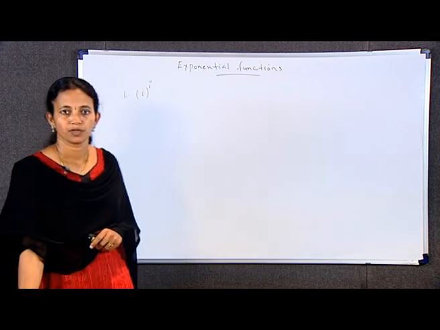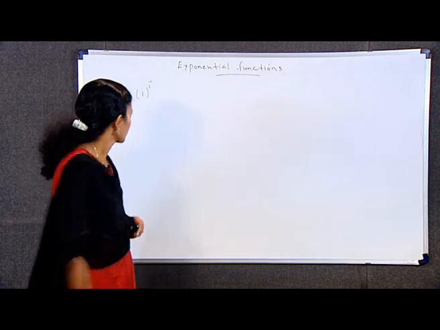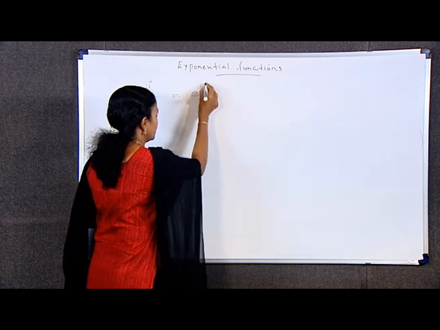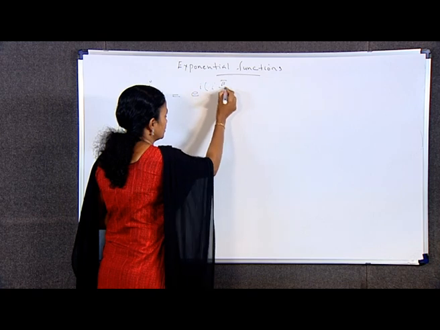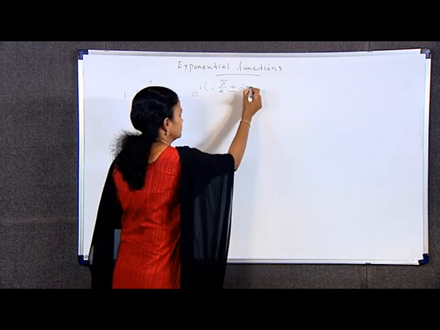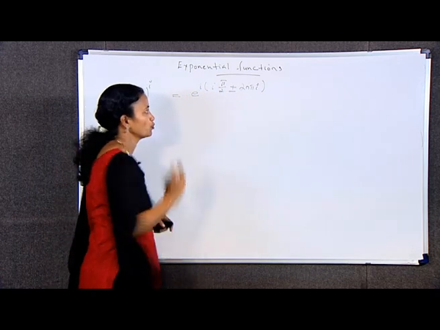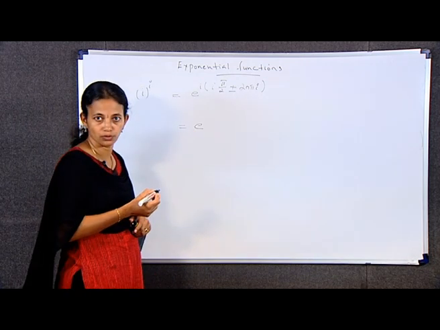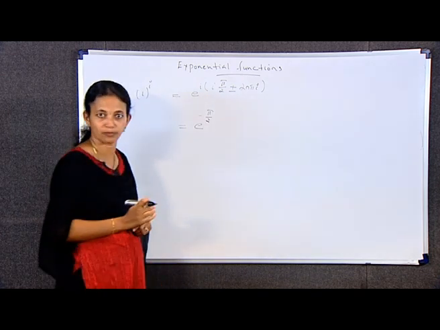I raised to I is equal to e raised to I log I, and e raised to I log I can be written as e raised to I into (pi by 2 plus or minus 2n pi I), that is e raised to I into (pi by 2 plus or minus 2n pi I), which is equal to e raised to minus pi by 2, because I into I we have a minus sign.